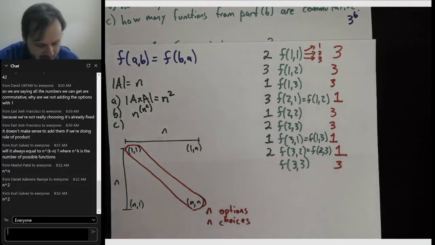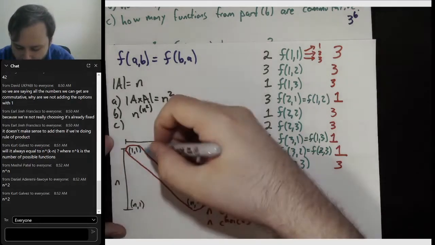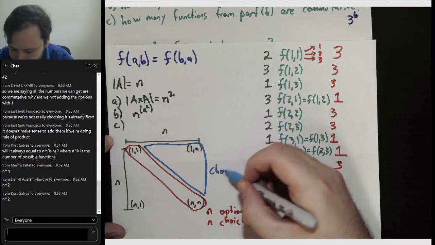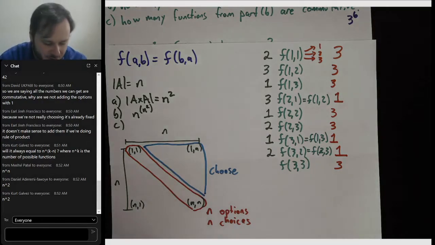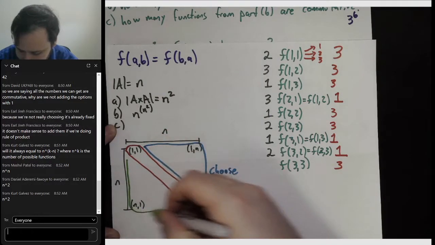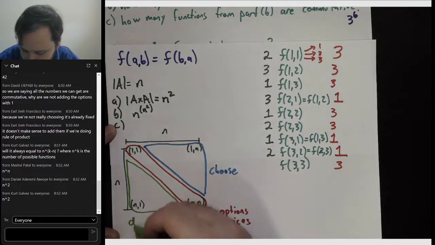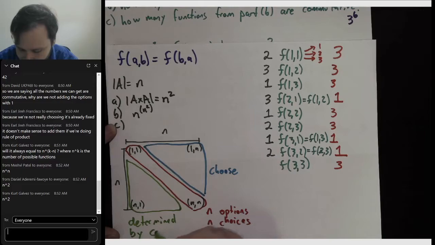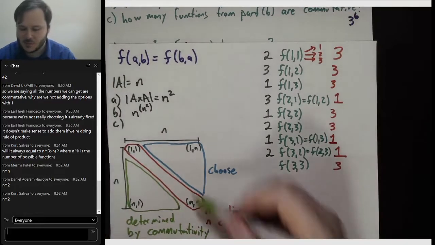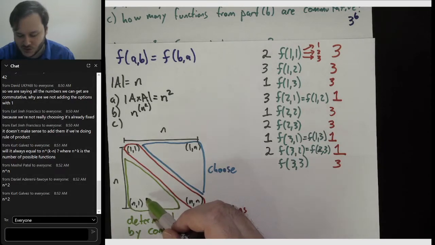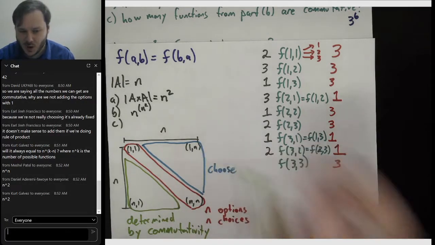So commutativity says I get to choose this top triangle and that's going to fix or determine this bottom triangle. This is determined by commutativity. So up here, I'm always going to have n choices. Down here, I'm only ever going to have one choice.